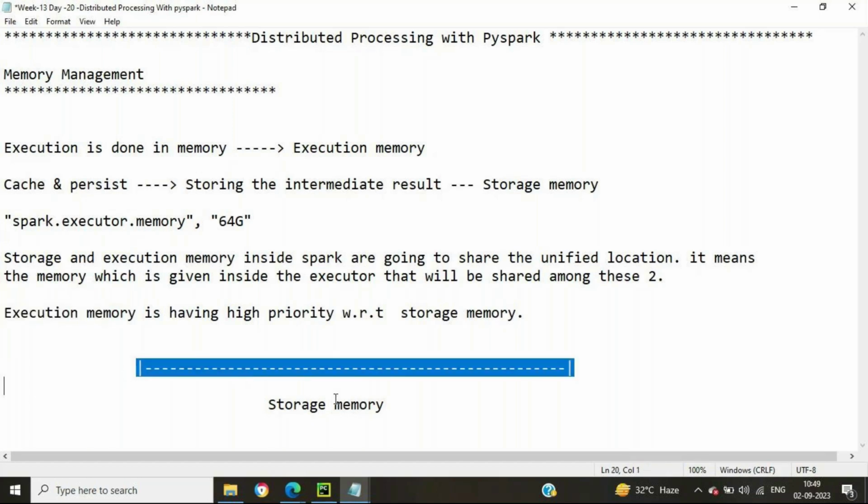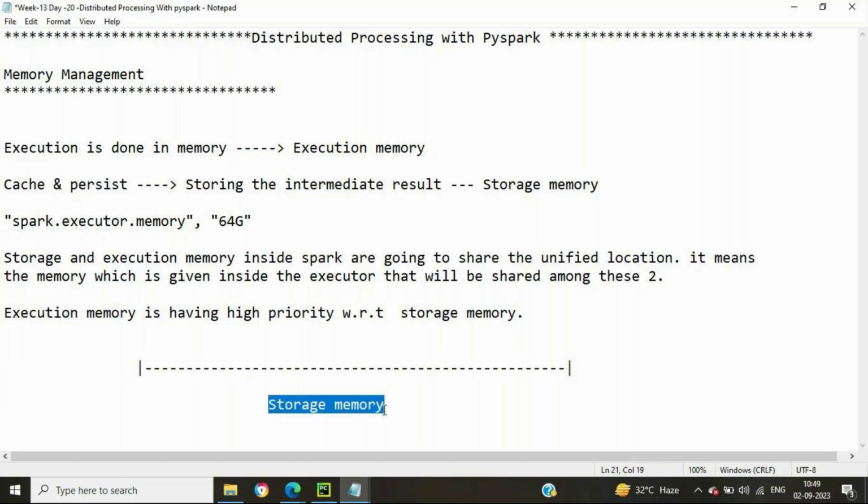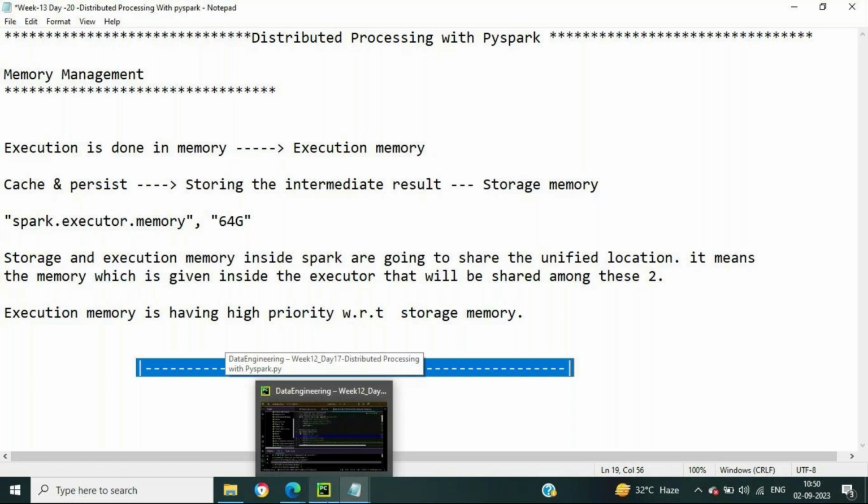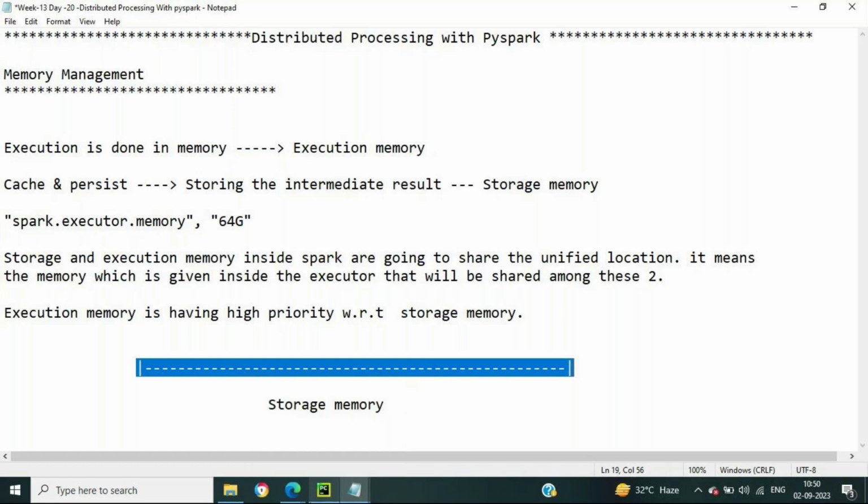It is not like, if something is occupied by storage memory, the execution will go into a lazy state and nothing will happen until the storage memory is cleared. It is not like that. If something is there for execution, then storage memory needs to be cleared, and execution memory is going to occupy that space for executing those jobs.